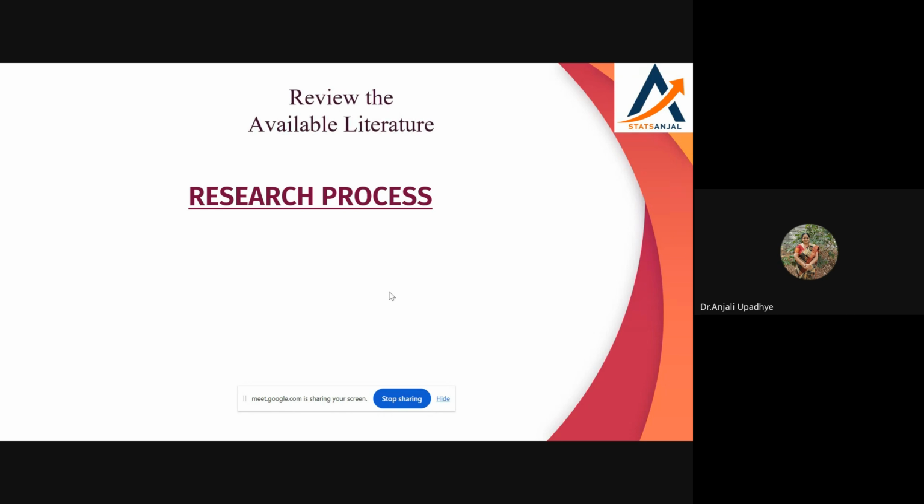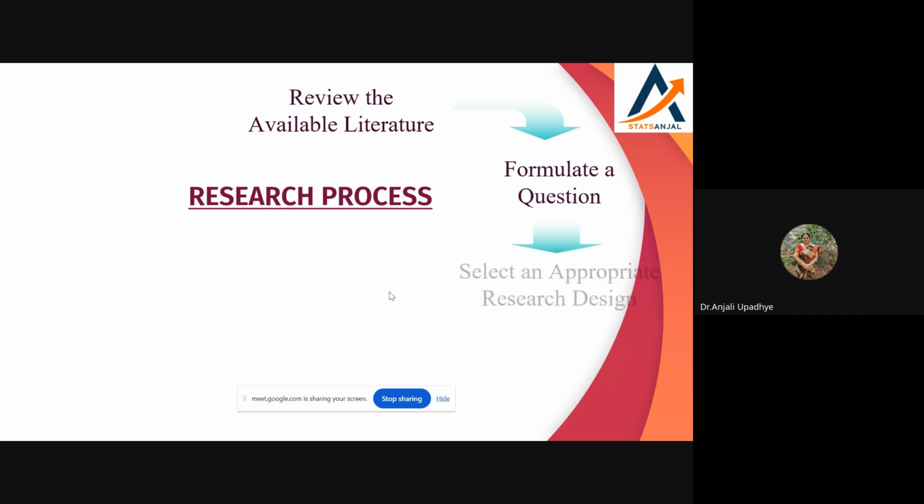So whenever we start the research process, the first step is a review of literature. Review the available literature first, formulate our question, formulate objectives, formulate the hypothesis, then select the appropriate research design. What do we mean by that? All the things: the variables, data collection, sampling, sample design and all.